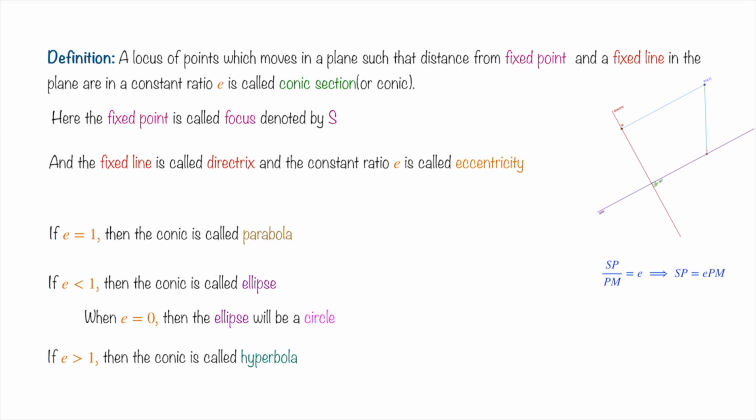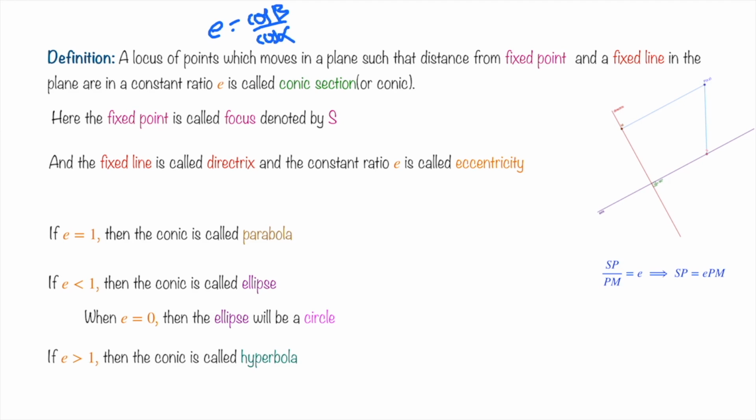If you want to connect this eccentricity E with our first approach to define a conic section, that is, the conic section as the intersection of a double right circular cone and a plane, this E will be equal to cos beta by cos alpha, where alpha is the vertex angle and beta is the angle that the cutting plane makes with the axis of the cone.